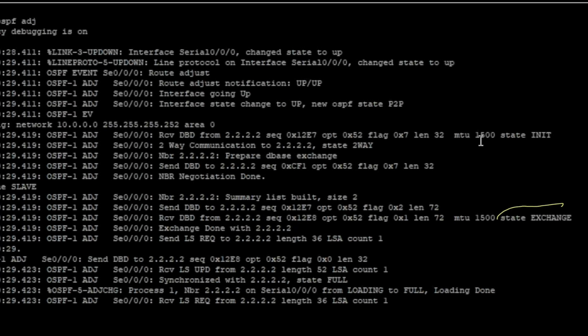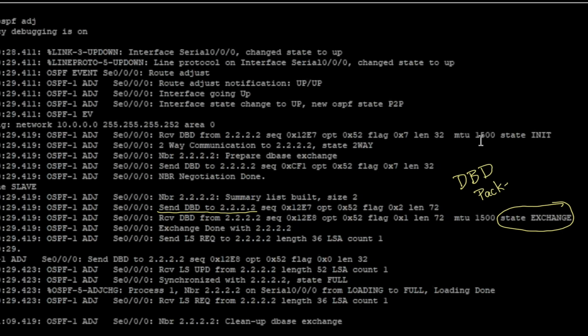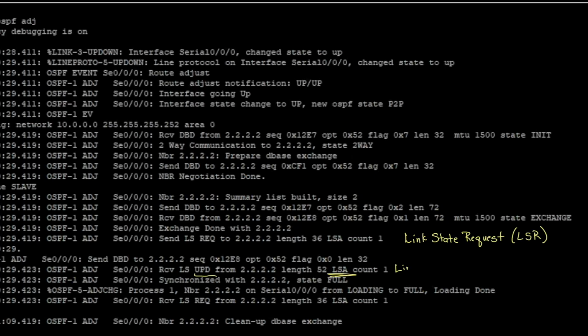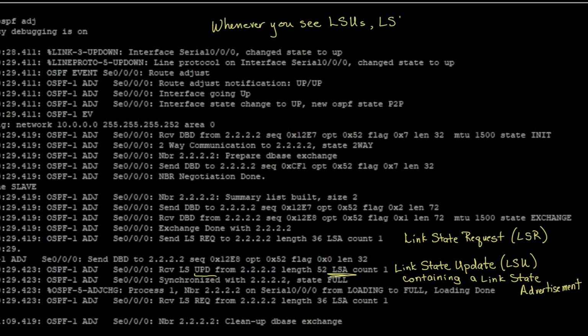So what we are seeing here is just the summary of the link state advertisements that the other router has and that we may not know about yet. And here we can see an LSU containing an LSA, which is a link state advertisement being sent. That means we're now in the loading state.